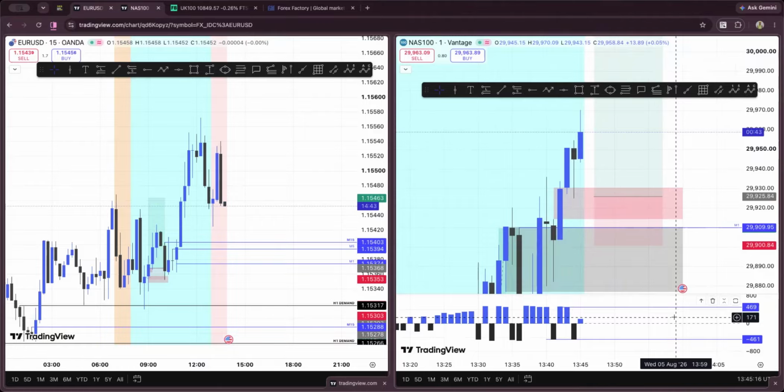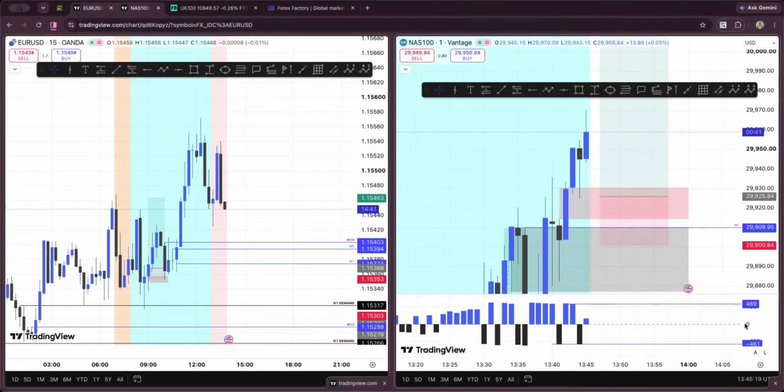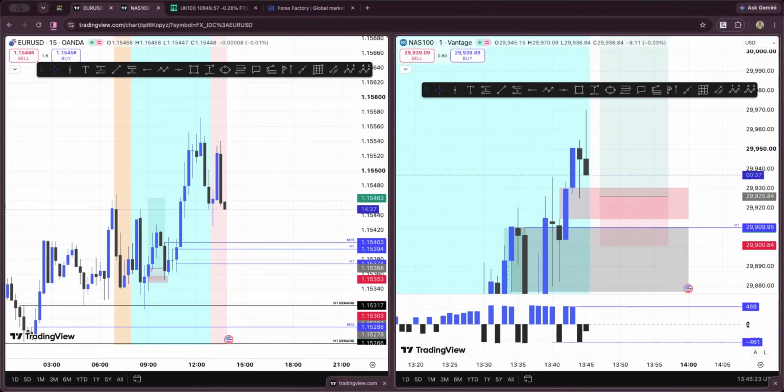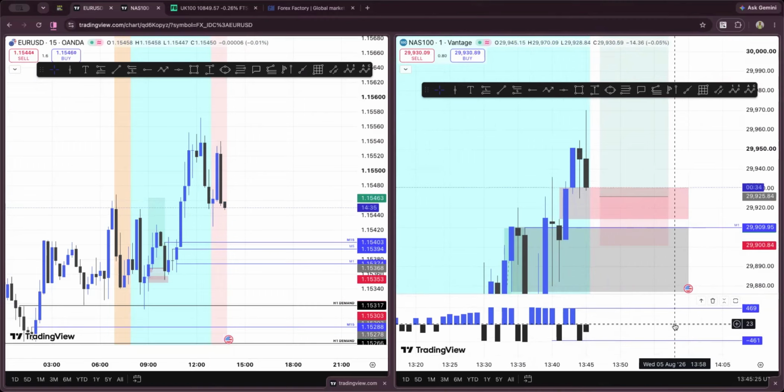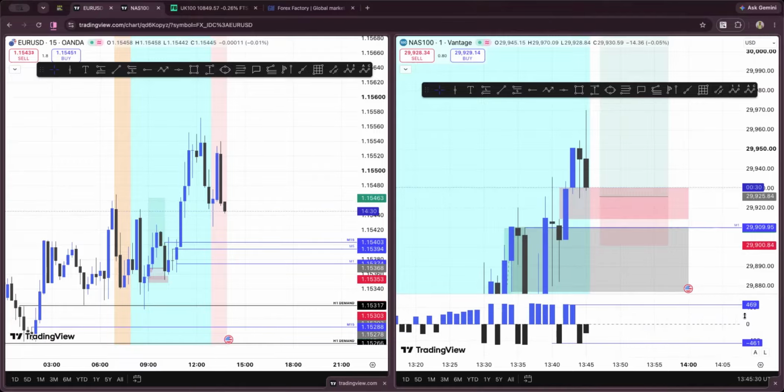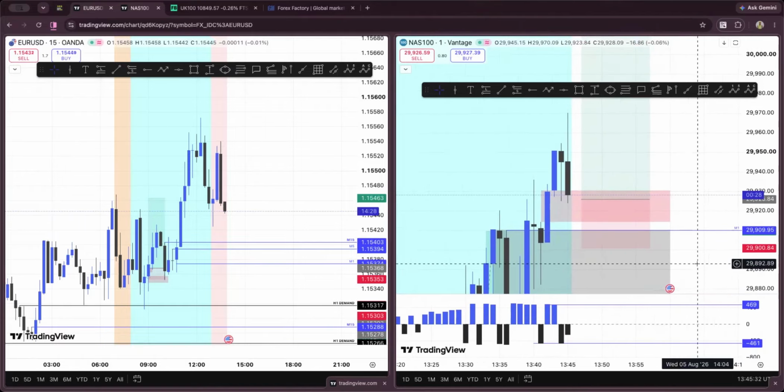This closure was very bad. Let me see. So I didn't take it. I'm waiting for a better confirmation. I want to see how this candlestick closes as well.